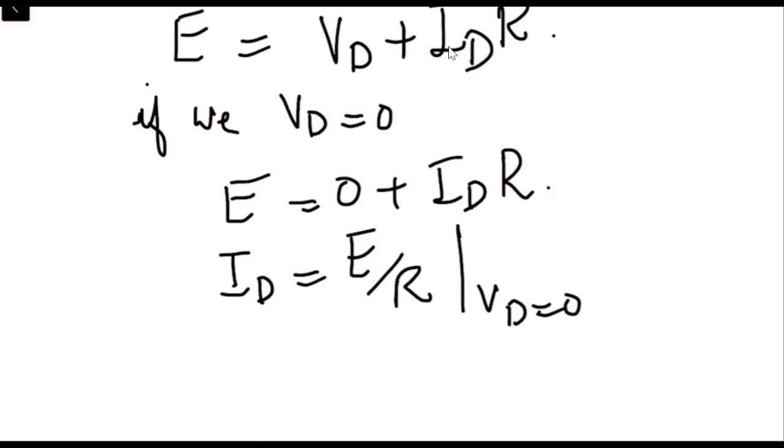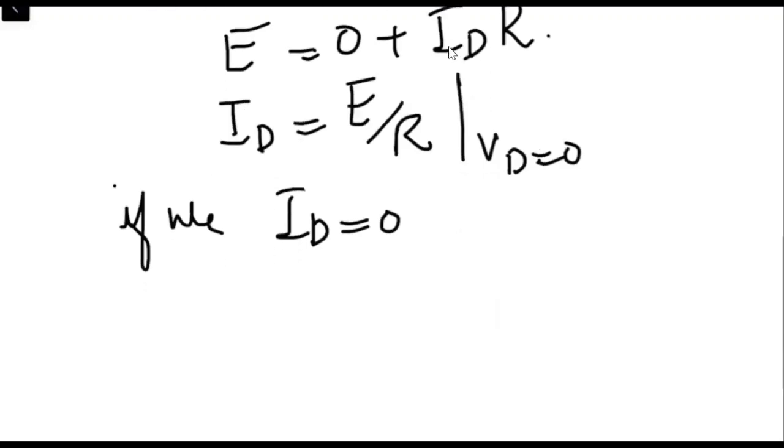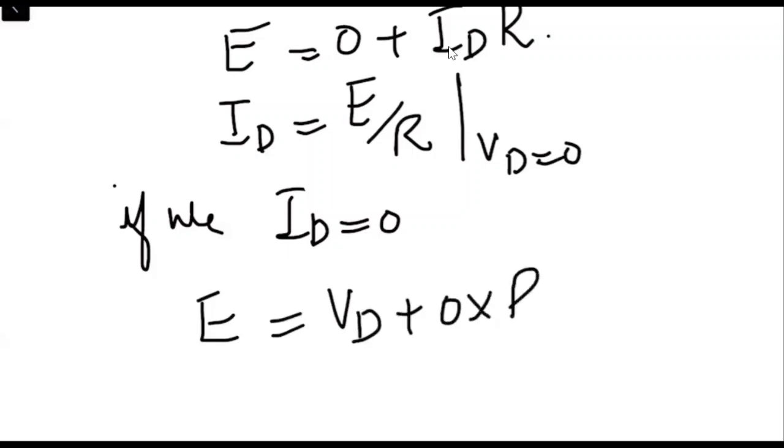Yes, sir. And if we say ID is equal to 0, and we put this in the equation, we have E is equal to VD plus 0 into R, right?